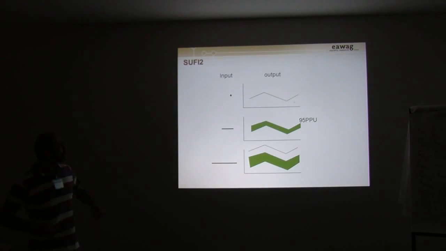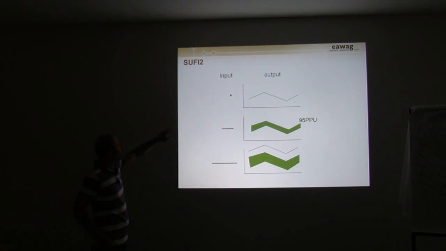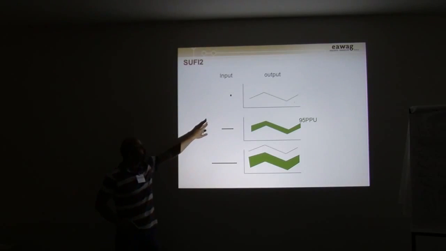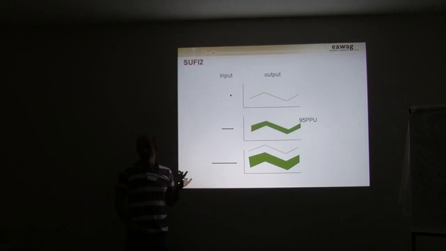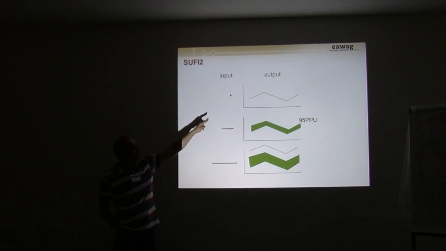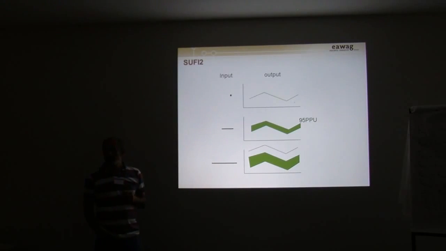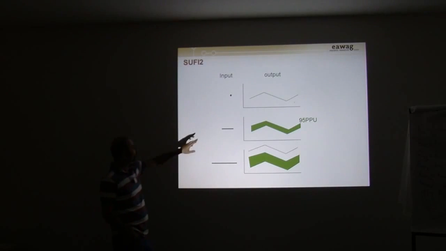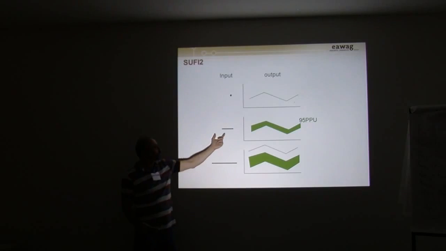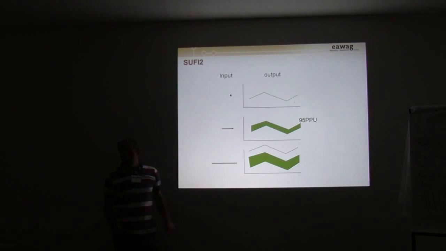So the idea with this software is that if I give you one input, a value for a parameter, you give that to the model, and the model gives you one signal for discharge, for nitrate, for whatever. Now, if I don't have a single value, I have a distribution. I show the distribution as a uniform distribution, a range.